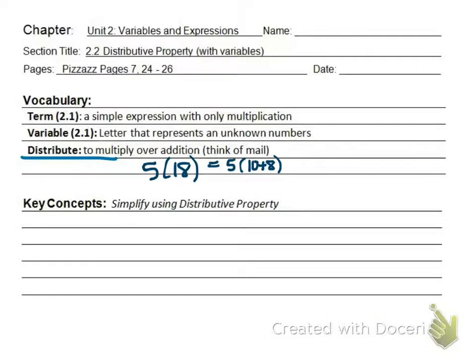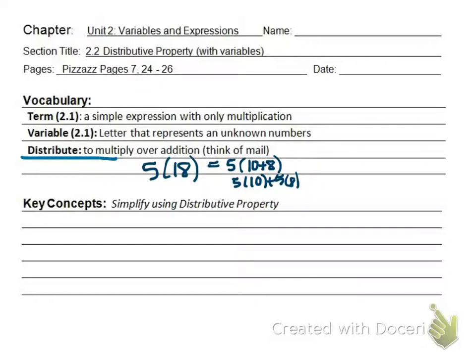And so then 5 times 10 plus 5 times 8, and now I've all of a sudden made this mental math much easier on my brain. And I can add 50 plus 40 and get 90. Almost painlessly, I would say, without much mental thought. So using distributive property here, this is with numbers, and we're going to take notes on with variables.